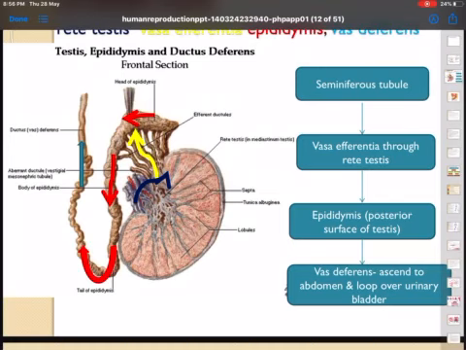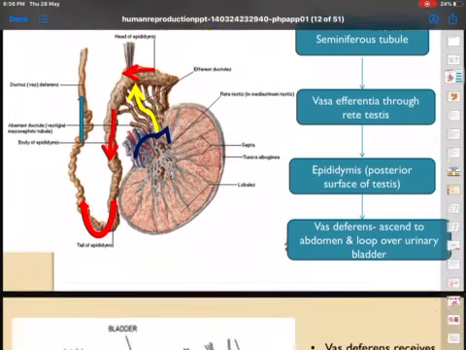Look at that arrow marks, and the epididymis, on the posterior surface of testis, comes out and forms vas deferens, and the vas deferens ascends up to the abdomen and loops over the urinary bladder. So many tubes play a crucial role in making the sperms travel.